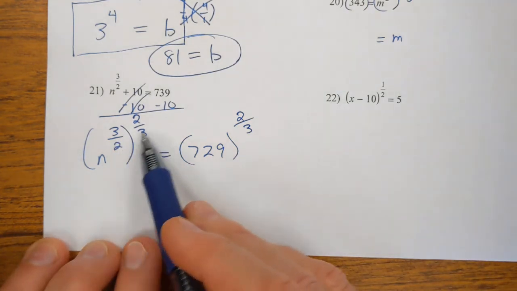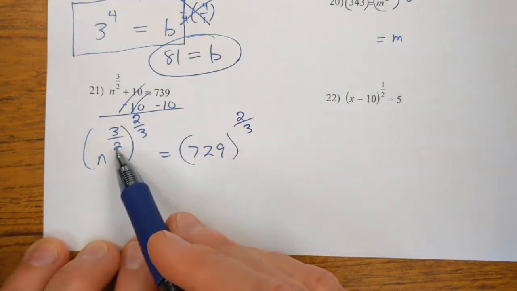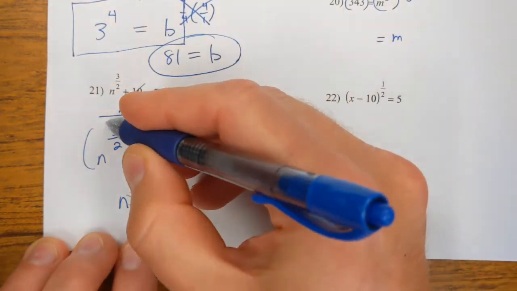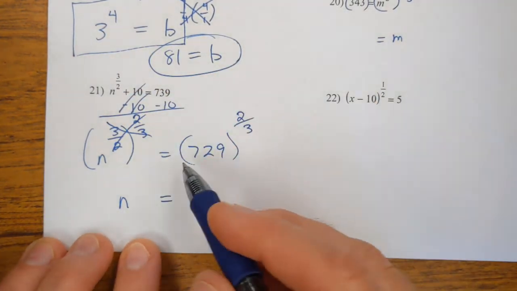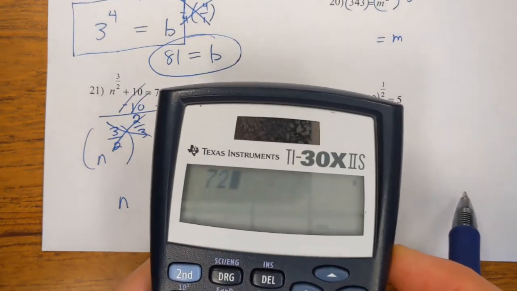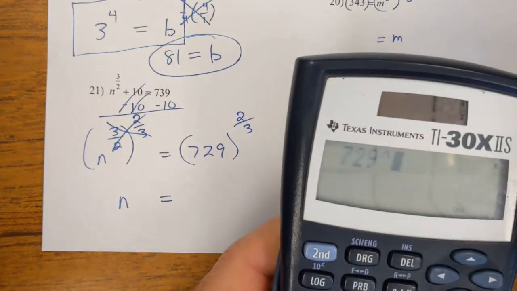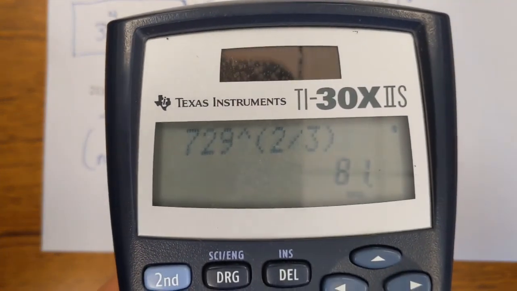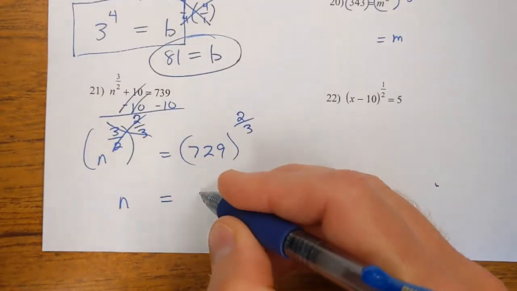But ultimately, when I multiply these together, you'll get 6 over 6, which is just 1. You can say this is n to the 1 power if you want, or you can say those just cancel out. My solution here is going to be 729 to the 2/3 power. Comes out nice and clean. It comes out to 81.